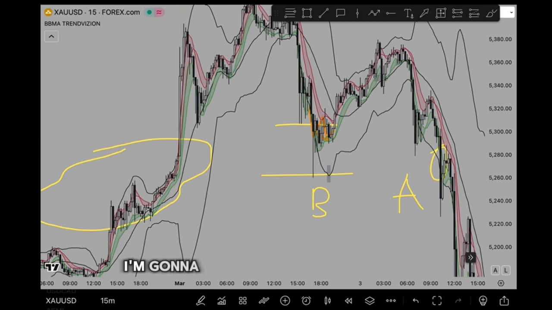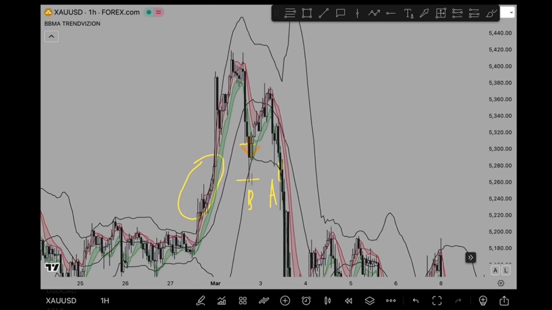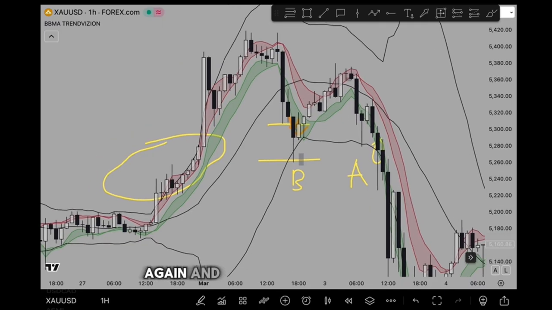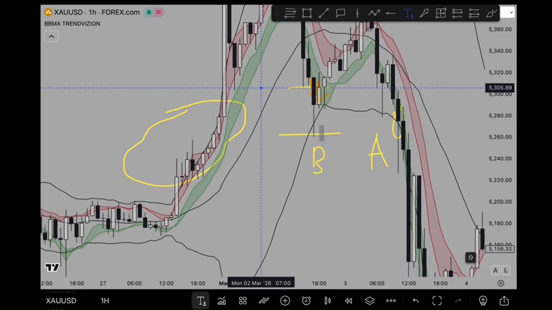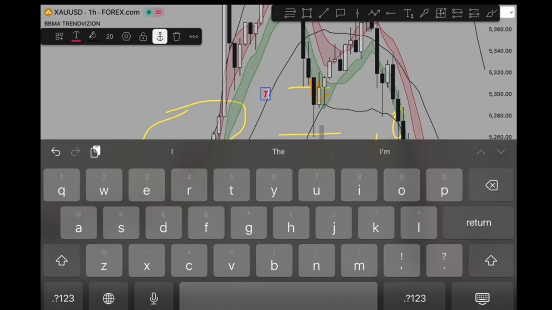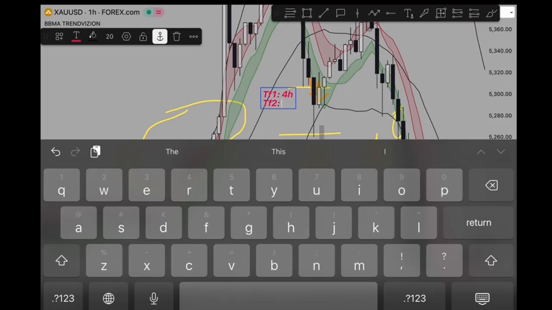I'm gonna go back to the 1 hour second time frame again and write it down real quick. Time frame 1, in this case 4 hour. Time frame 2, 1 hour.